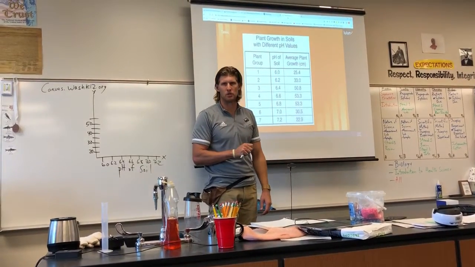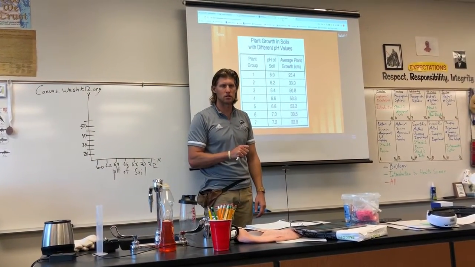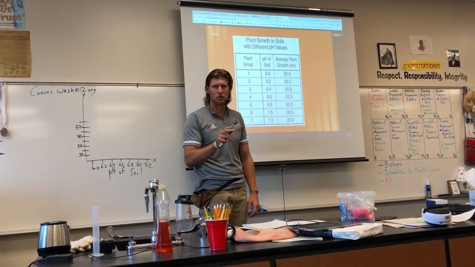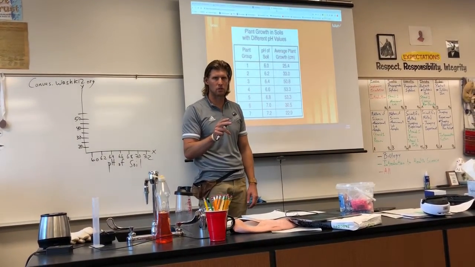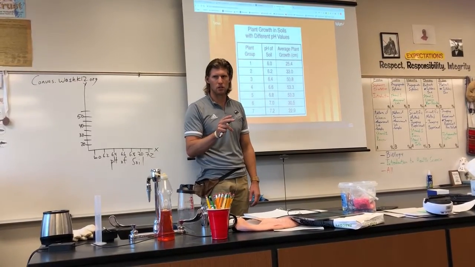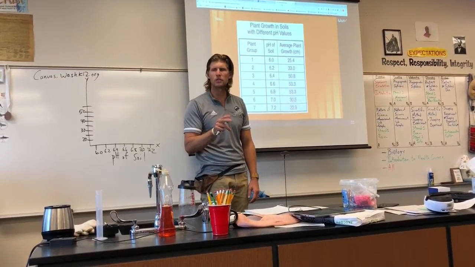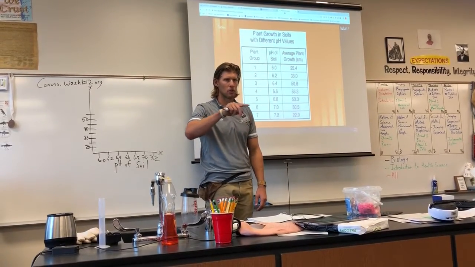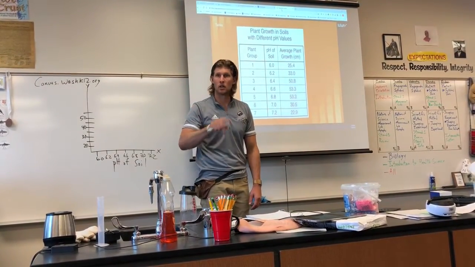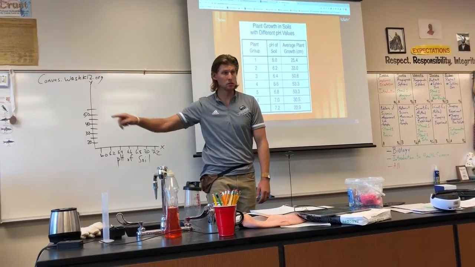What type of graph should I really use? Would I use a line graph? What do you think? Zach, what do you think? Ian's nodding his head. Yeah. Right, I'd use a line graph. What type of line graph would I use? Would I just connect the dots? No, I would do a best fit curve, right?